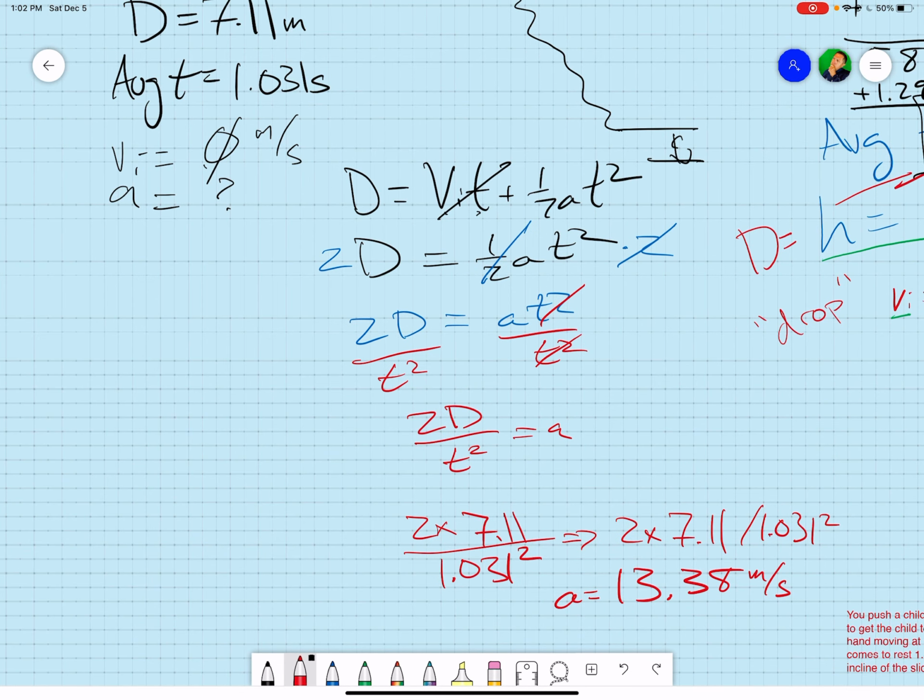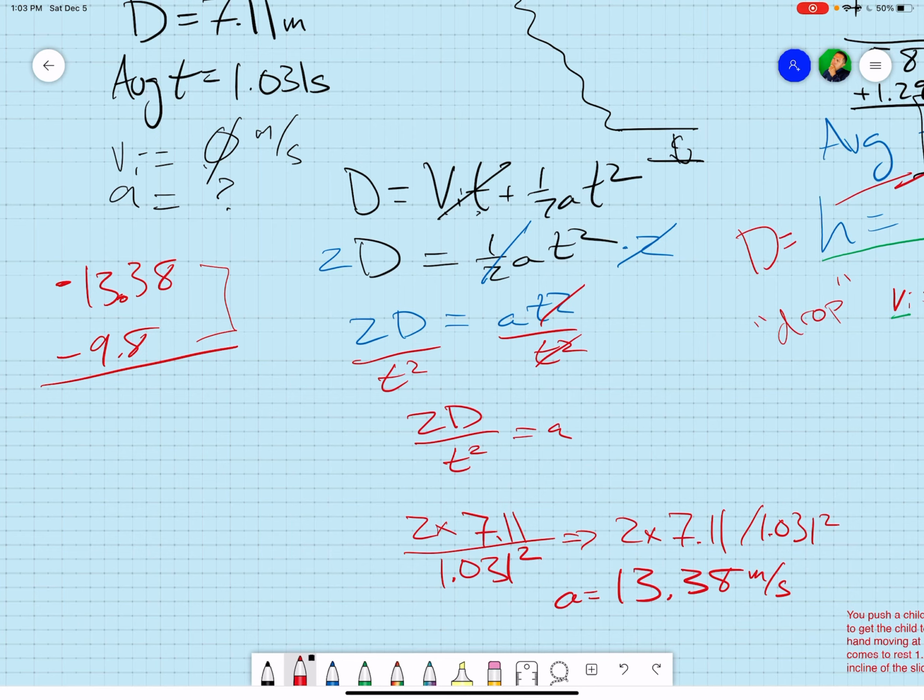Now, so if we had 13.38, it's really, we want to say negative, and that just means it's down. And your teacher wanted you to compare it to negative 9.8 because that's down also, and that's what the textbook is. What you'd want to do is subtract these two numbers to figure out how far off it is, and then probably divide it by 9.8.